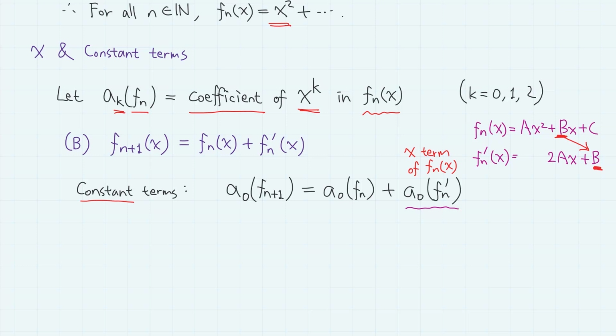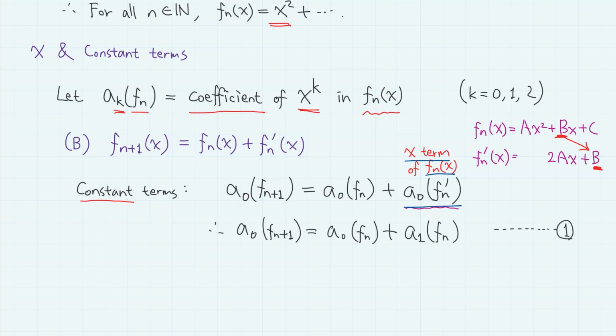And here, the constant term of the derivative comes from the x term of the original function. Therefore, a_0 of f_{n+1} is equal to a_0 of f_n plus a_1, the x term of f_n. So this is the constant term relation.